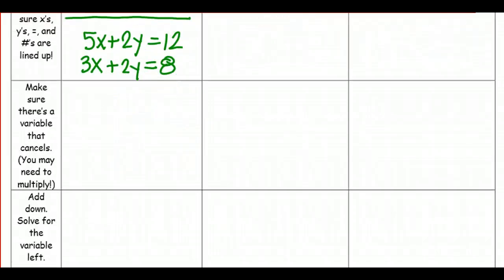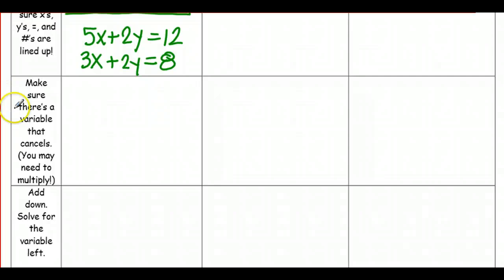Step 2 says we have to have opposite coefficients. Well, notice that my x terms, 5 and 3, those aren't opposite coefficients. And my y terms, well, they're both a positive 2. That we can easily make one of those a negative 2 so that they are opposite by multiplying by a negative 1.